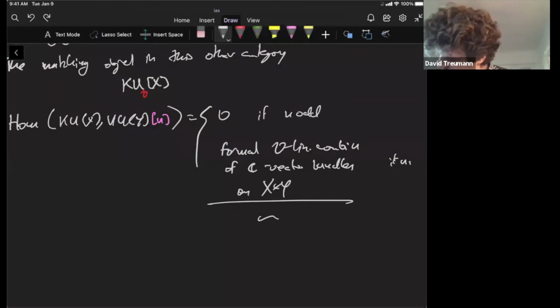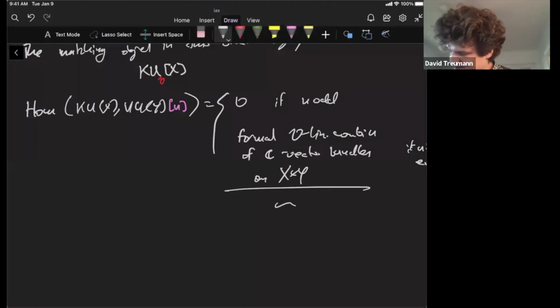These are virtual vector bundles, where you take formal linear combinations of vector bundles, but the things that you scale them by can be p-adic integers.